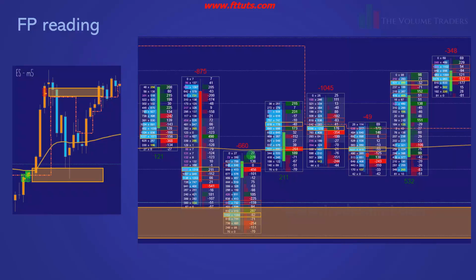So in theory, of course, in a trending market like here, we have highly positive delta, so more buyers. But as I said, in theory, we cannot forget about the passive orders.